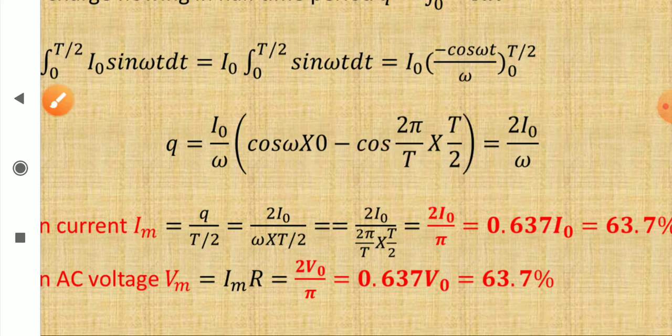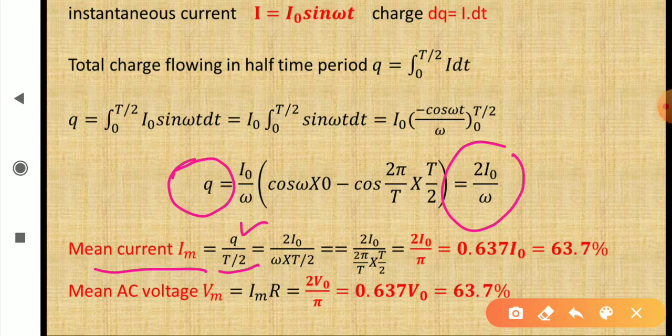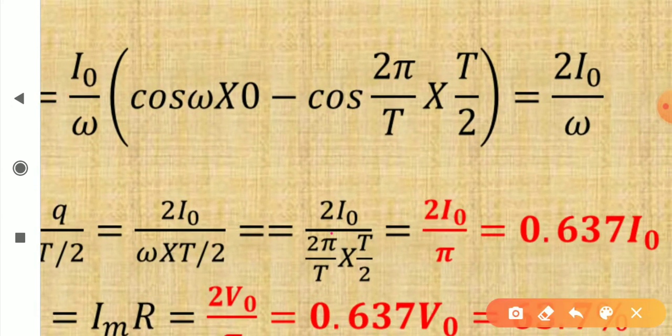So now the mean current represented by Im is equal to the total charge flowing in time T by 2 upon time. See, the current is charge flown upon time taken, and Q is 2 I naught upon omega. So 2 I naught upon omega into T by 2, and put the value of omega here, and you get T and T cancelled, 2 and 2 cancelled, you get 2 I naught upon pi.